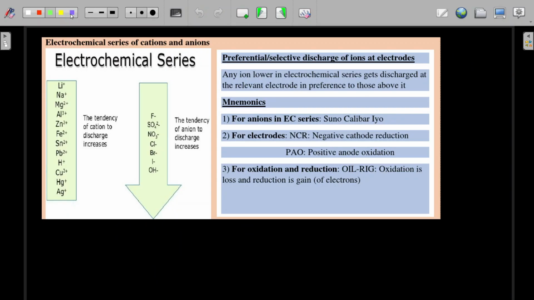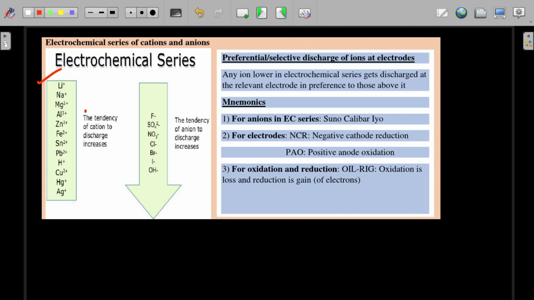Now coming to the preferential discharge of cations and anions. For that we should remember the electrochemical series. Electrochemical series is actually the reactivity series for the metals. But when the metals form the ions, if you write in the decreasing order, the same trend as whatever you write for the metals, the one which is lower will get discharged first.